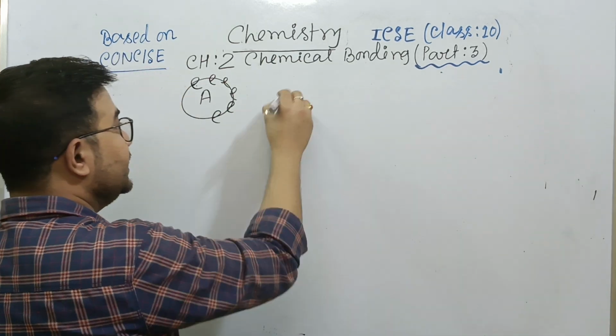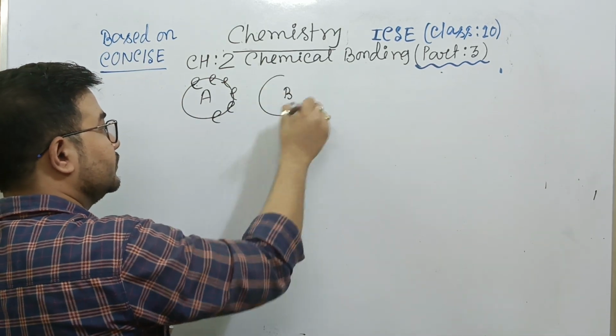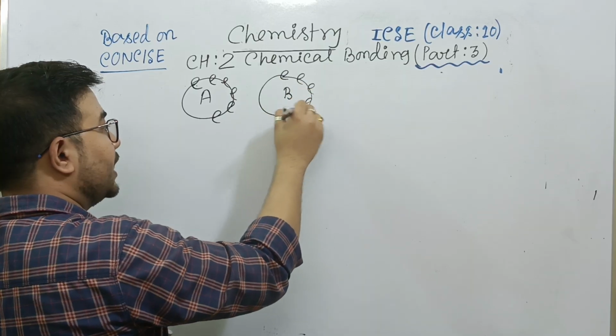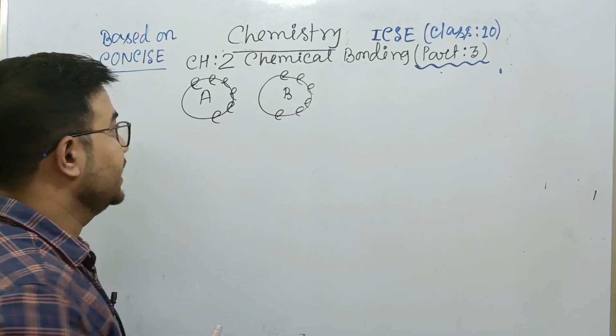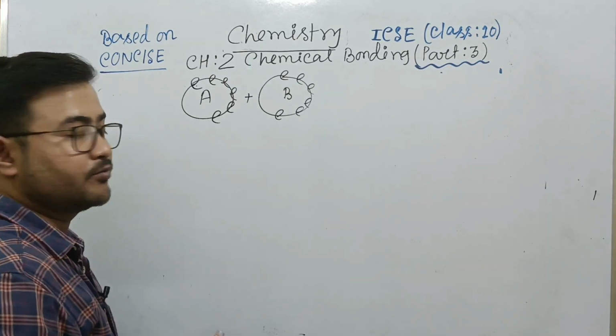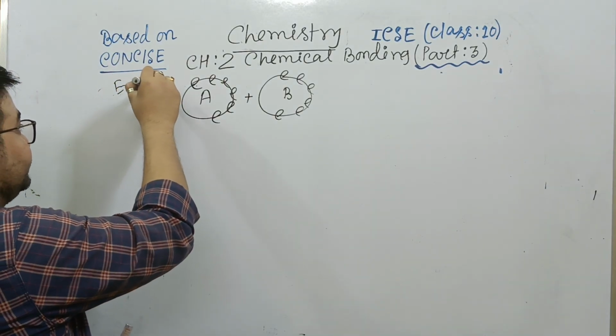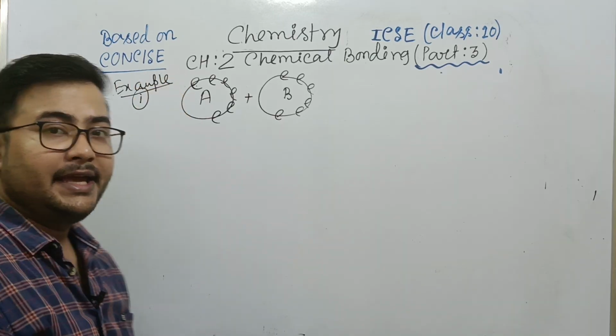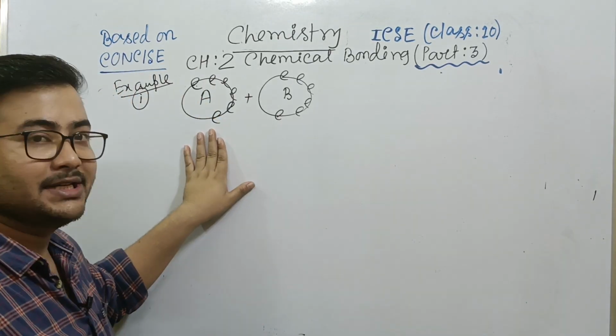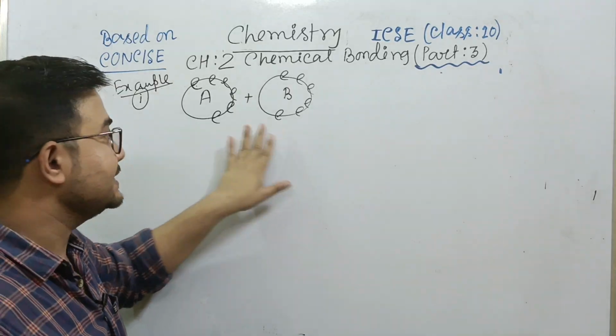In B, 1 2 3 4 5 6 electrons are present. So A and B, this is the first example, you can give the heading Example. In A and B how many electrons are present in the outermost shell, that is, valence? 6.